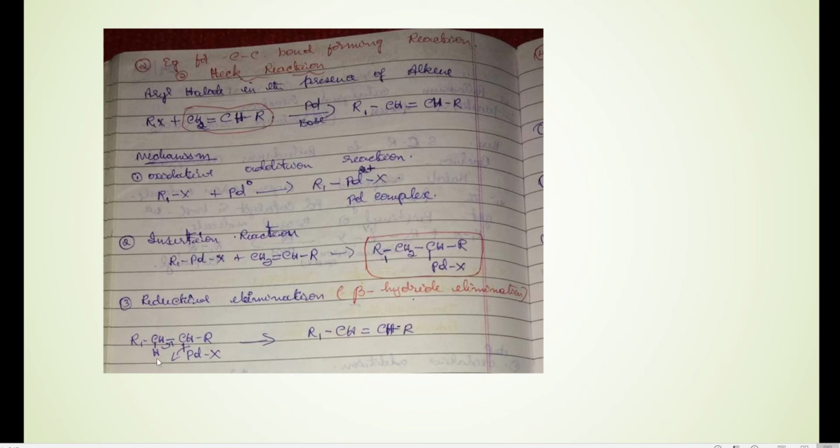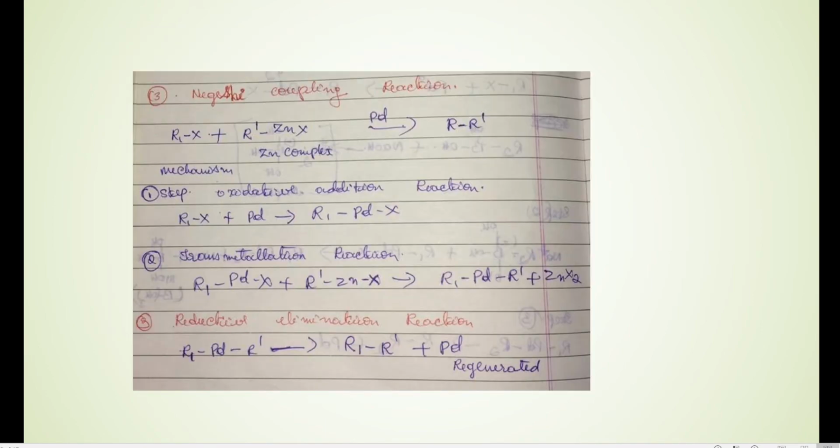It will lose one of its H so that it can form the double bond with carbon number 1. So last we will get R'CH=CHR. Okay, and both the carbons' valencies are satisfied. So this is second example of carbon-carbon single bond forming reaction.